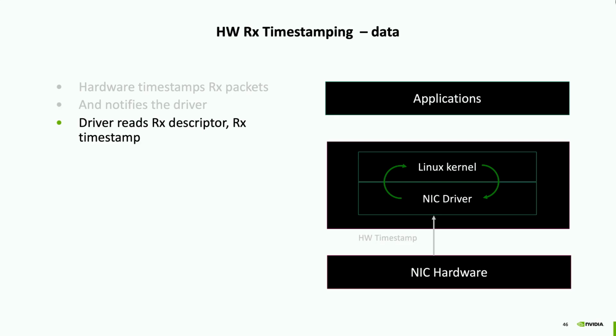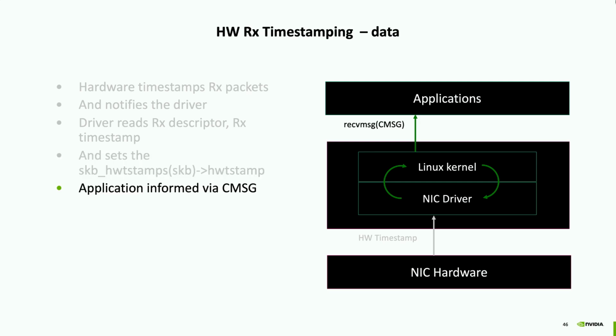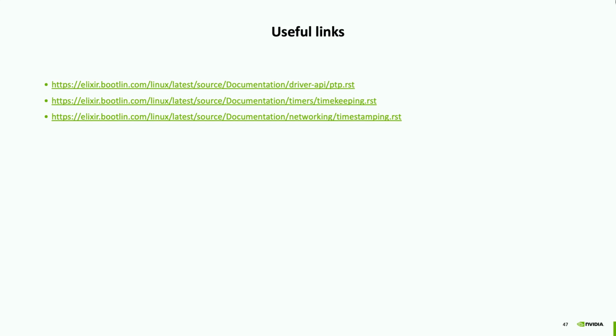Then the driver will read the receive descriptor and the receive timestamp. Once it builds the SKB, it will need to set the hardware timestamp inside the SKB. There's a nice macro to actually get the relevant fields. And the application will be informed by the stack using the control message, the CMSG, which is what you get when you receive the packets.